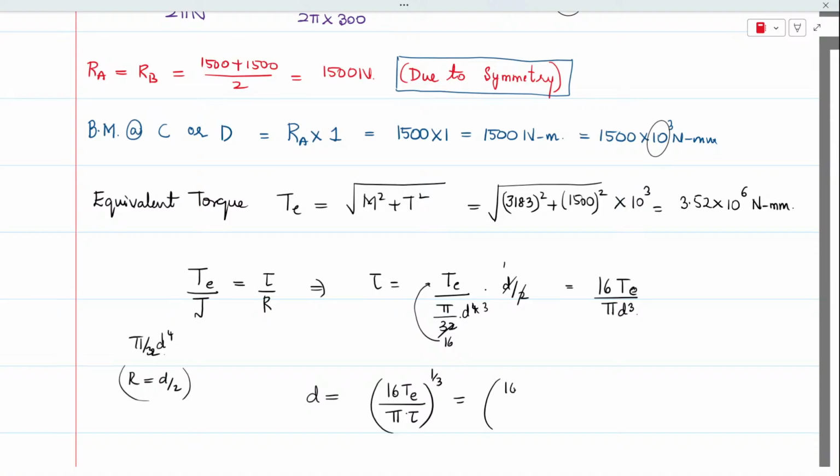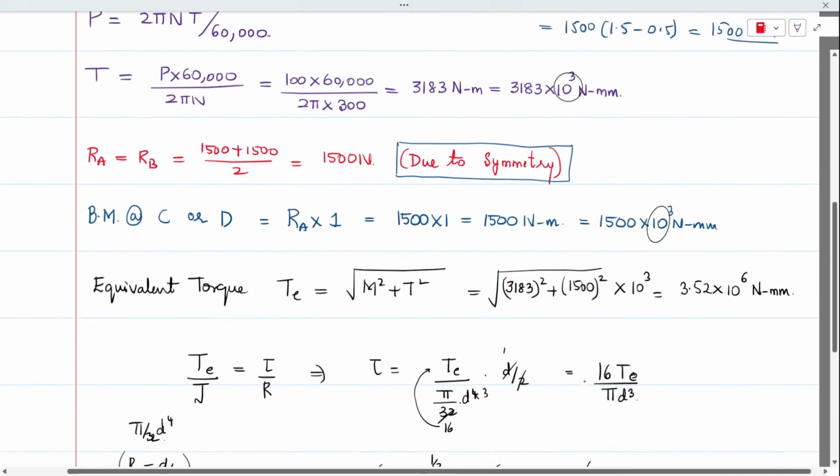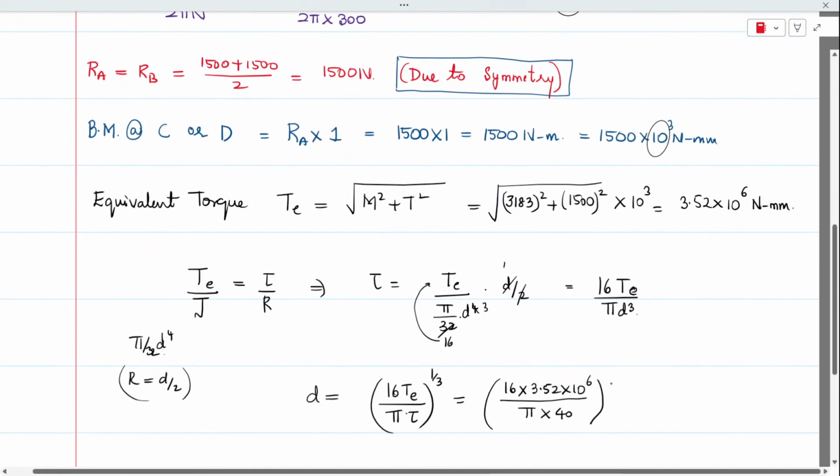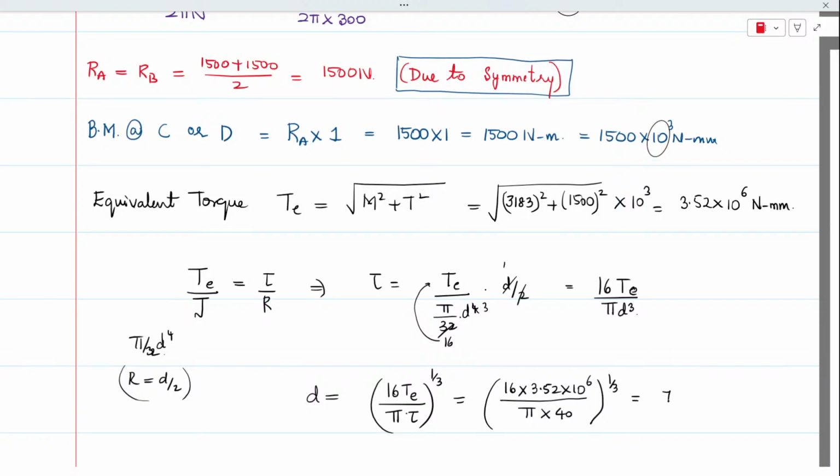So this would be 16 into equivalent torque, 3.52 into 10 power 6, divided by pi into tau. Let me check the value of tau. Yeah, they have given it as 40, raised to the power of 1 by 3. So now when you solve it, it would be 76.53 mm, or this could be rounded off to 80 mm.